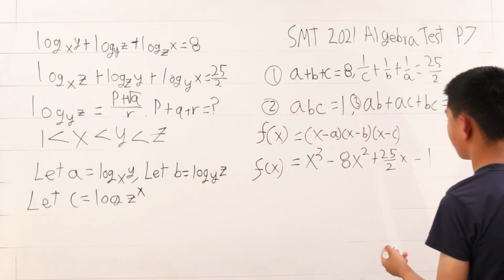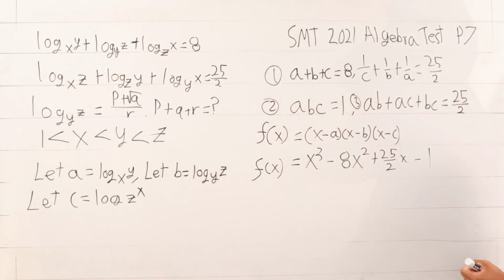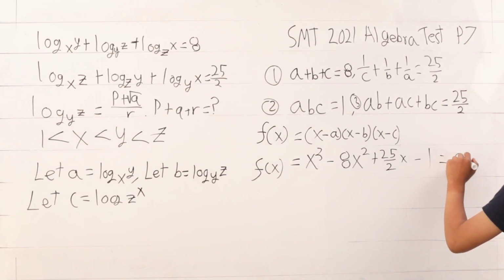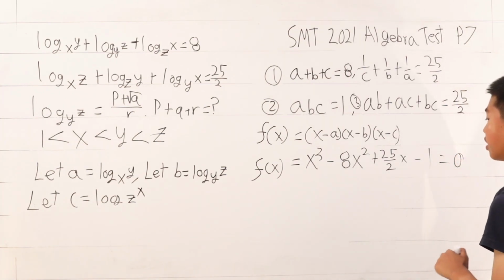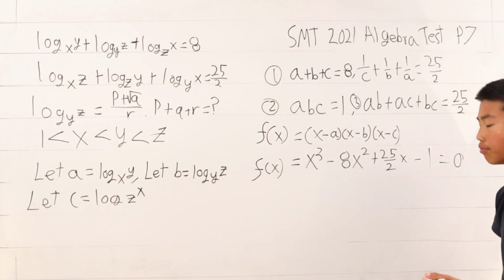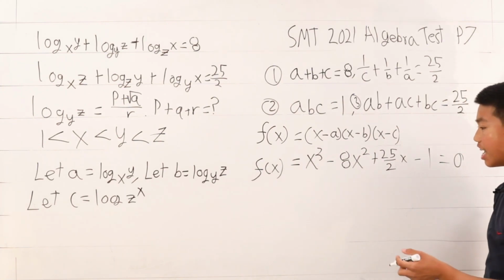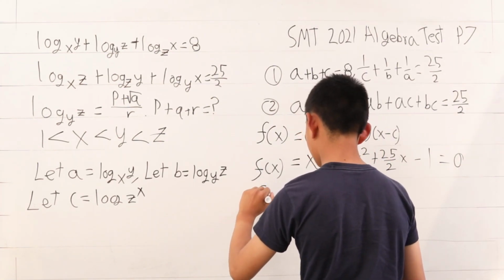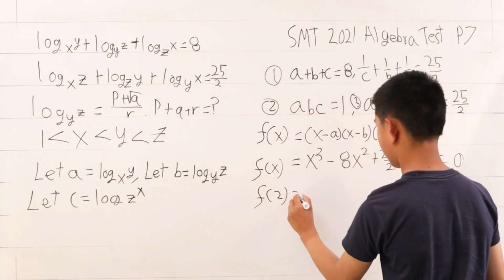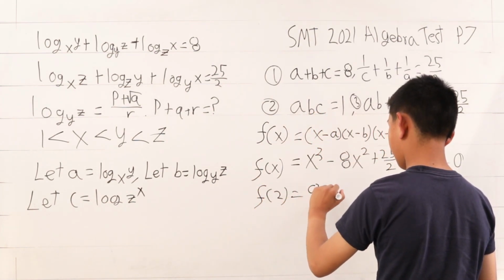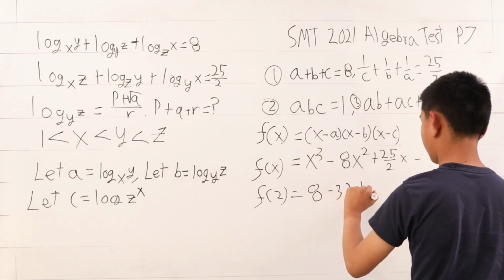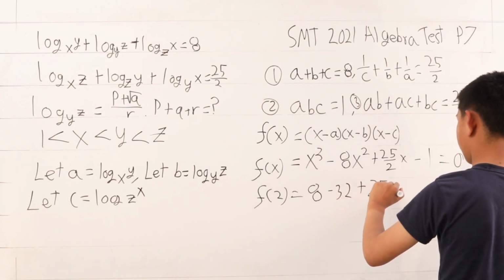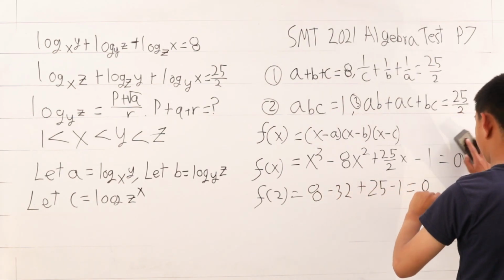What we notice is that we want to make this 0. When we try f of 1, that doesn't work. When it's f of 2, let's see, 8 minus 32 plus 25 minus 1 is in fact 0.